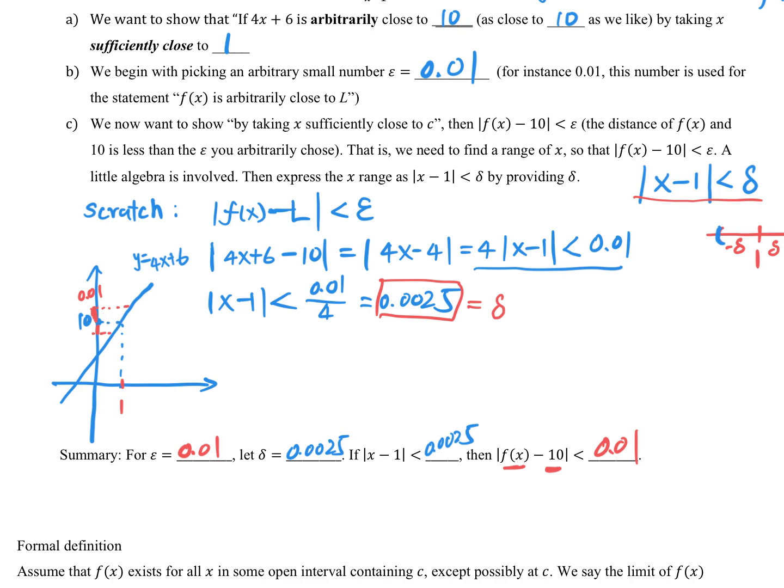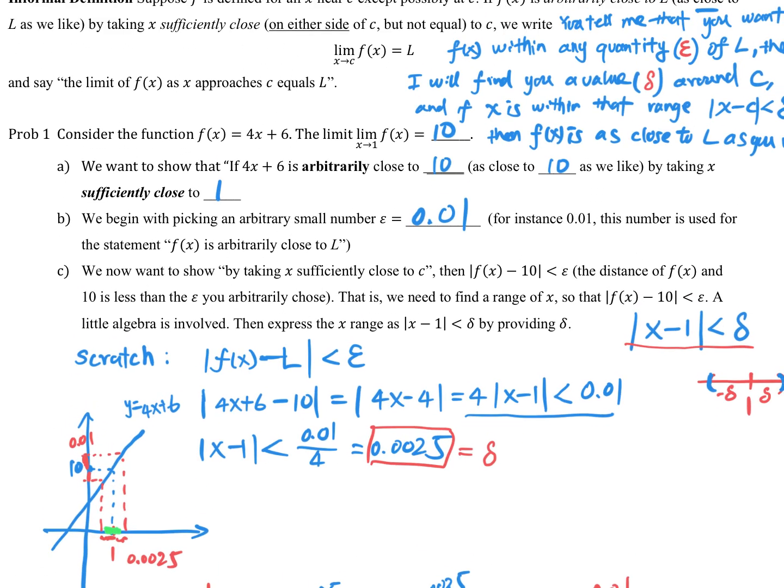And what I did was find this distance, 0.0025 above and below 1. As long as x is within this range, all the y values are within the 0.01 that you specified, around 10. So do you see that I showed you?